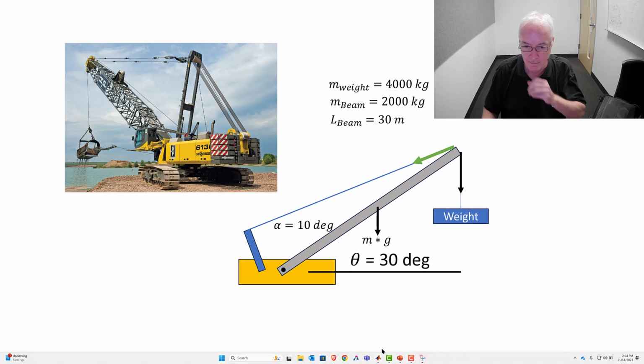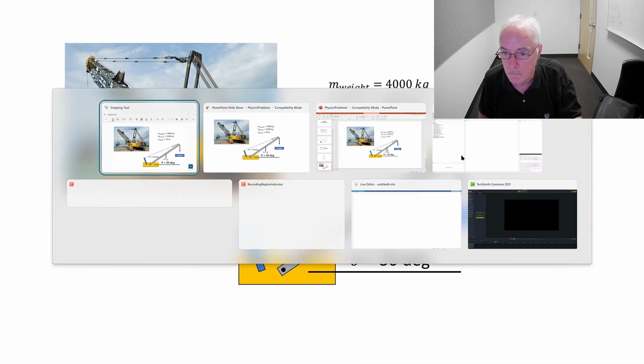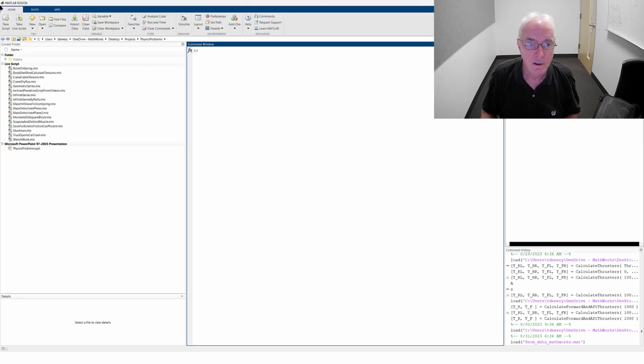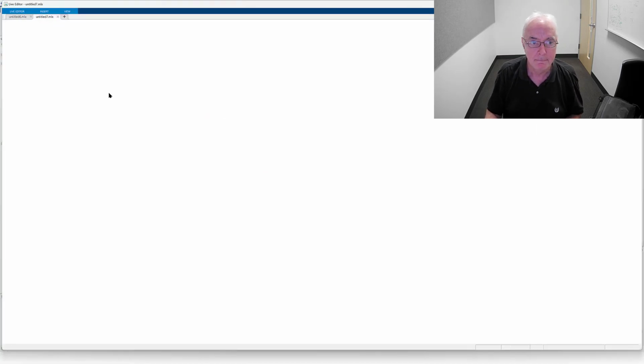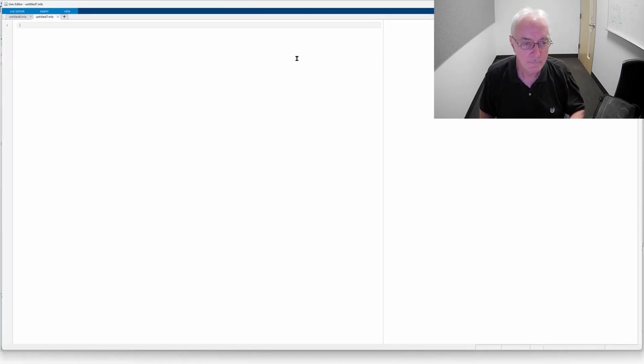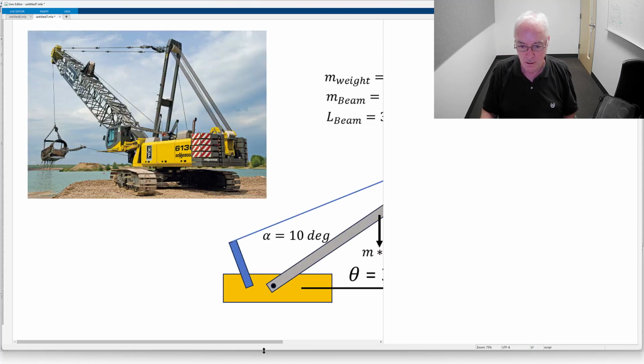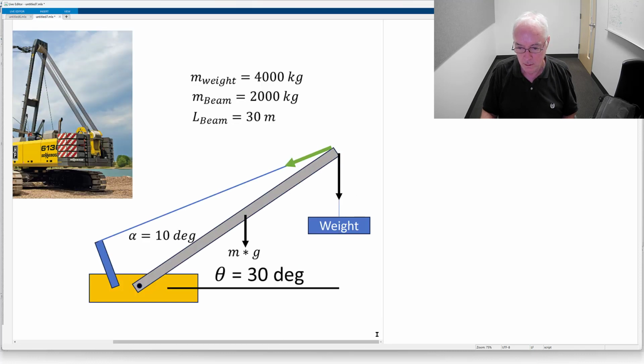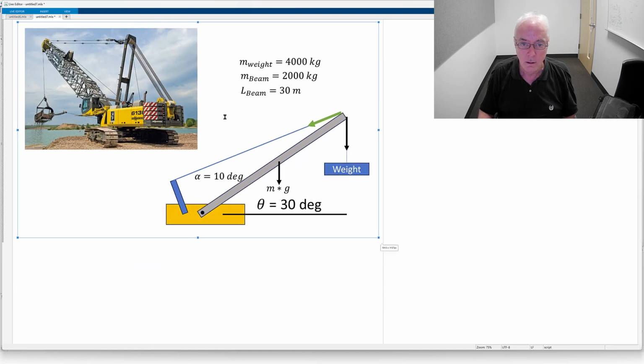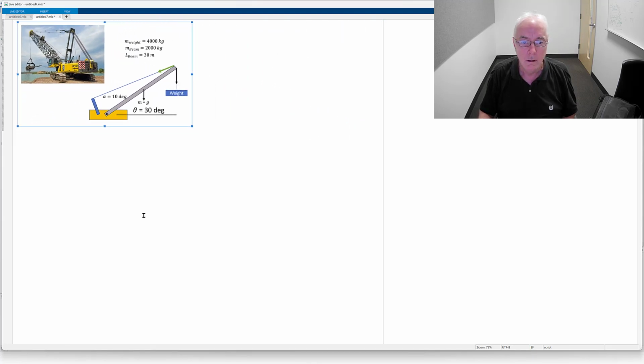All right, so let's go to MATLAB, and we'll do a live script. I learned some useful shortcuts. Control E will toggle us between the code mode and the text mode, and I'll go here and paste that picture in.